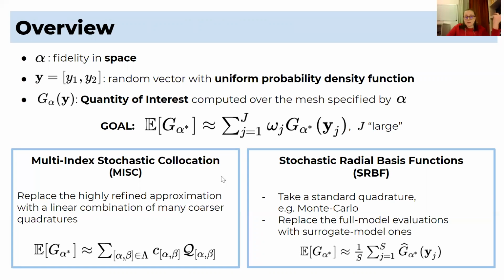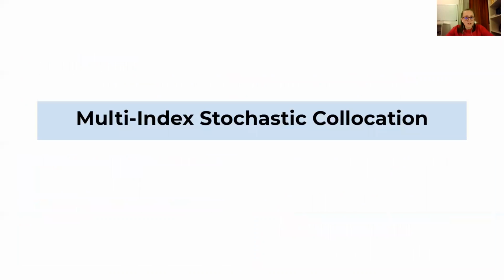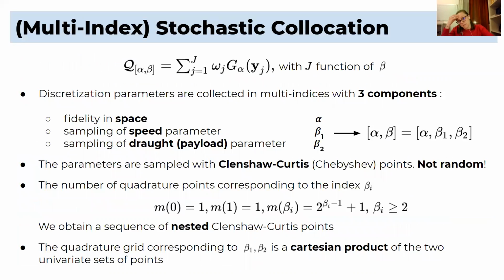These are the two things I'm going to explain next, and we will start with multi-index stochastic collocation. We heard about that last week, but maybe not all of you were there, so maybe it helps when I say a few words again. As I said, the main idea of multi-index stochastic collocation is to make this linear combination of coarser quadratures.